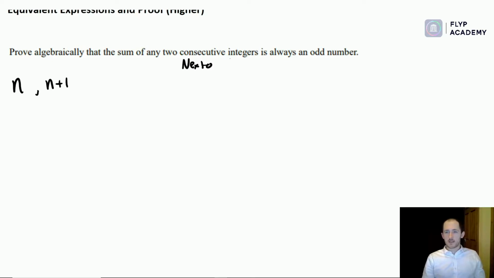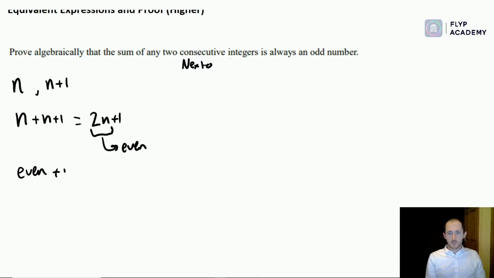So they're saying the sum of these two integers is always odd. Okay, well n plus n plus 1 gives me 2n plus 1.